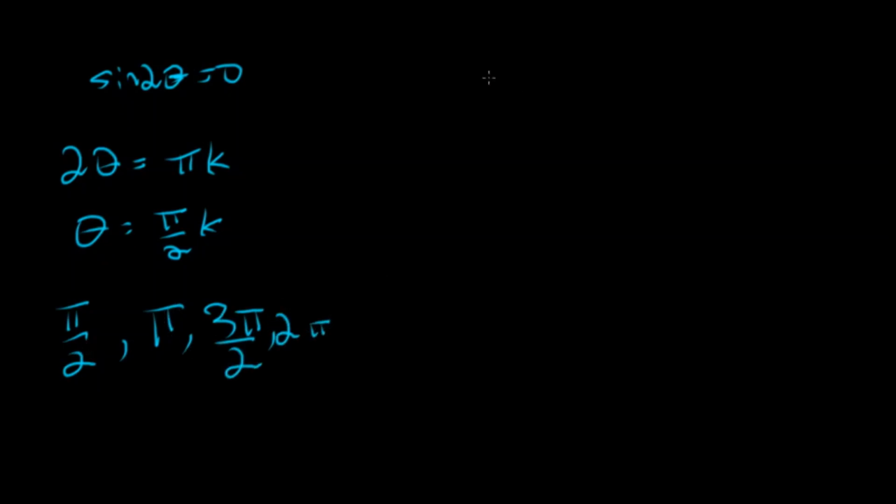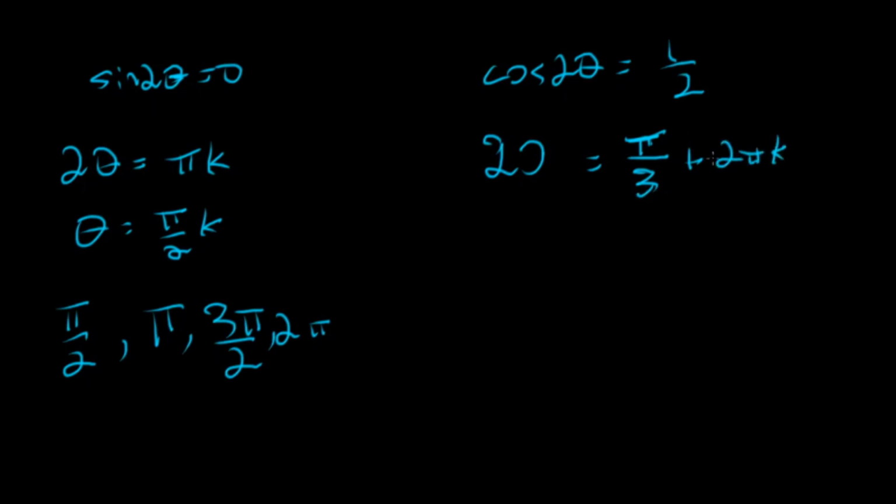All right, and then the other thing we needed to solve, cosine 2 theta is equal to 1/2. All right, when is cosine 1/2? It's 1/2 at pi over 3 plus 2 pi k, and also 5 pi over 3 plus 2 pi k.